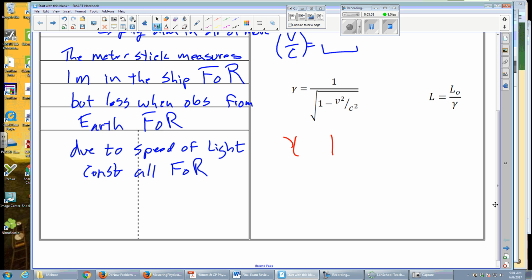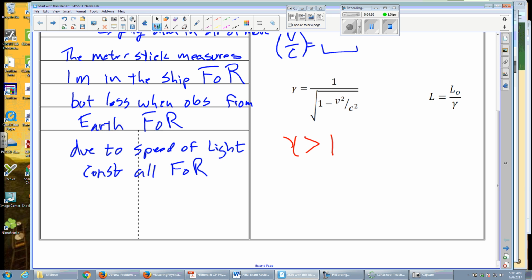Still less than 1. 1 minus a number less than 1? Less than 1. Square root of a number less than 1? Less than 1. 1 over a number less than 1? More than 1. So gamma is always more than 1. A little mathematical logic there.